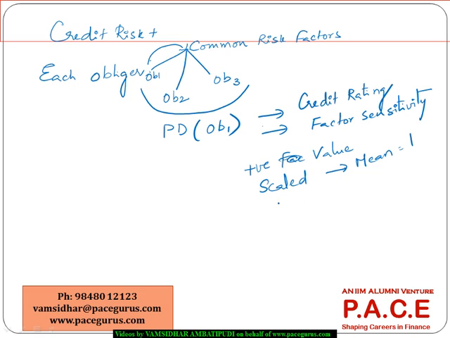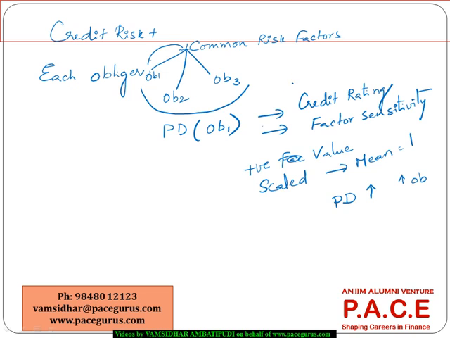So for any particular obligor, if for a particular factor the sensitivity is more than 1, the probability of default for the firm increases in proportion to that obligor's exposure. The higher the exposure of that particular obligor, the more the probability of default will increase. That is how the credit risk of the entire portfolio is assessed using a model like CreditRisk+.